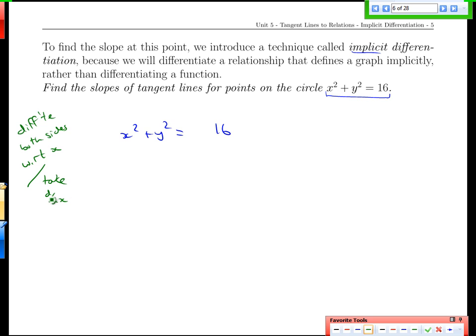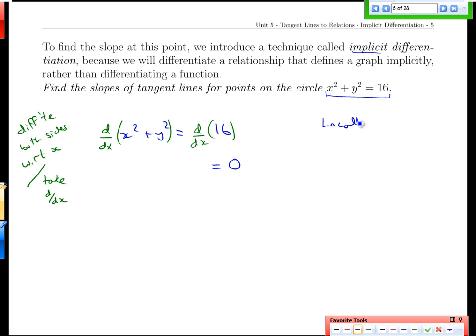Again, d dx is a verb. It says take the derivative of, so we'll just slide that in here. As long as we do everything to both sides, we should get the same value of rate of change. And when we do that, turns out this right-hand side is actually pretty easy. It's just 0. The more interesting side is over here.